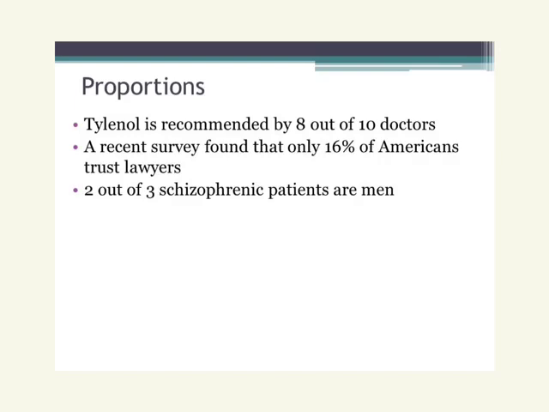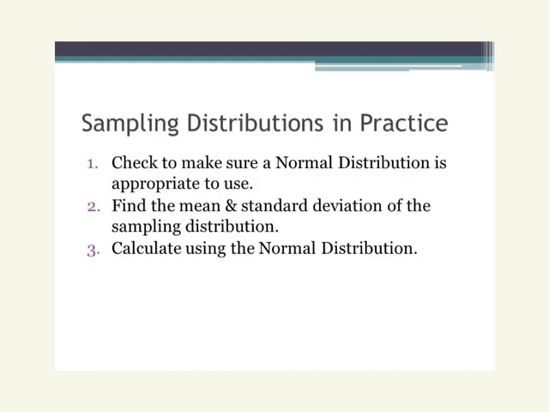So let's jump into what we mean by sampling distributions in practice. It's a very simple process. Ultimately, our goal is going to be to use the normal distribution. That's a distribution we've used in a lot of different settings so far in this class, and we're going to continue to use the normal distribution in as many settings as we can over the course of this class.